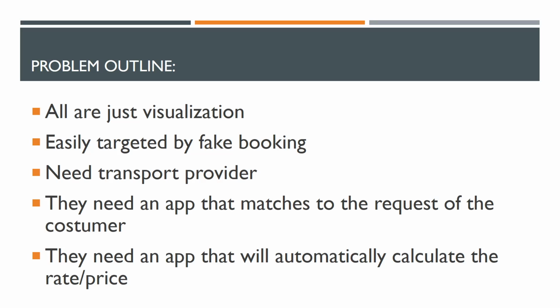They also need an app that matches the type of vehicle requested or needed by the consumer. Thirdly, they need an app that will automatically allocate the type of vehicle depending on the type of cargo or passenger. And lastly, they need an app that will automatically calculate the rate depending on the type of vehicle plus the distance plus the cargo or the passenger.